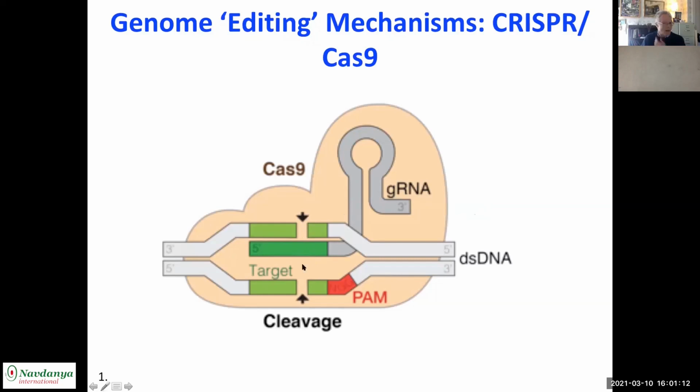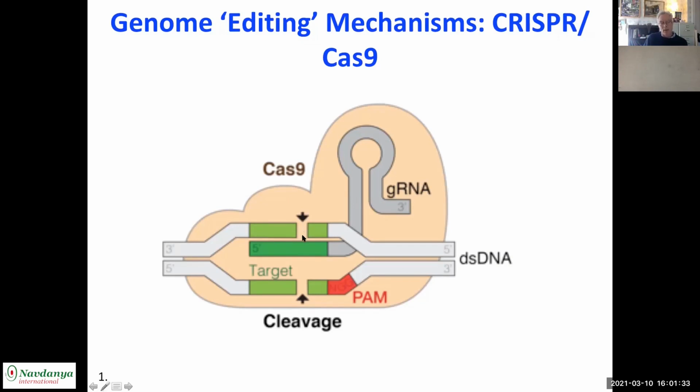And what you have to understand about a DNA cut is it's not an edit, right? An edit would be a replacement of an A with a T or a G with a C, for example, in the genome sequence. But that's not what's happening here.